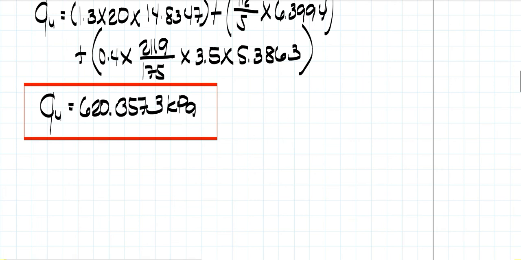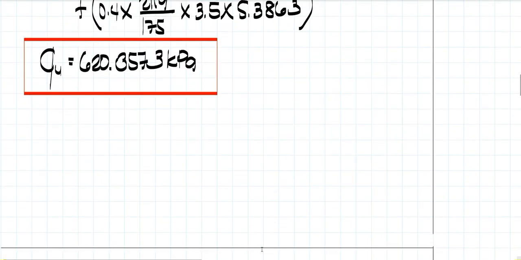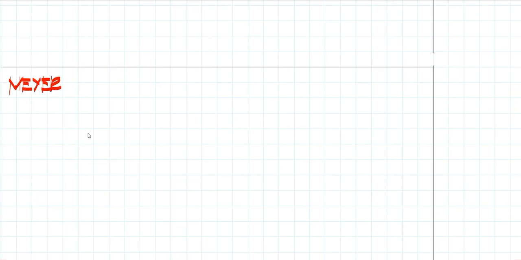Then, the last na record natin is by using the Meyerhof's equation. So, dito na lang natin siya i-solve. So, that will be for Meyerhof's. So, sa Meyerhof's equation, ang papalitan lang natin dyan is yung mga shape and depth factor.